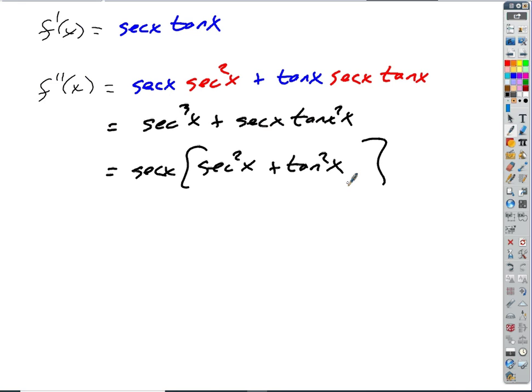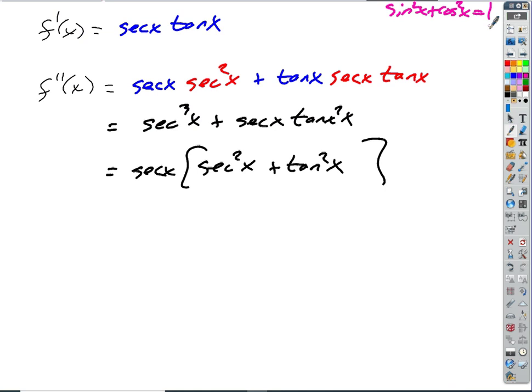Now, for reasons that are going to be mysterious to you at the moment, what if I said we really want to write this in terms of just one trig function? Which one would we want to put this in terms of? Secant. And how could we do it? Secants and tangents go together, right? There's a Pythagorean rule for that. What is it? I never remember. I always just do this: sine squared x plus cosine squared x equals 1.